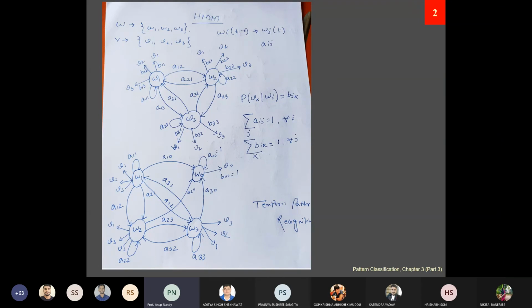Similarly for the transition probabilities, whatever state transitions there are from one state to another, the sum of Aij over all j is equal to 1. This is very important. The summation of Aij is equal to 1 for all i, and the summation of Bjk is equal to 1 for all j. This is for temporal pattern recognition.